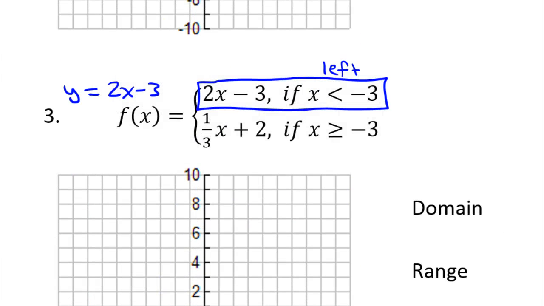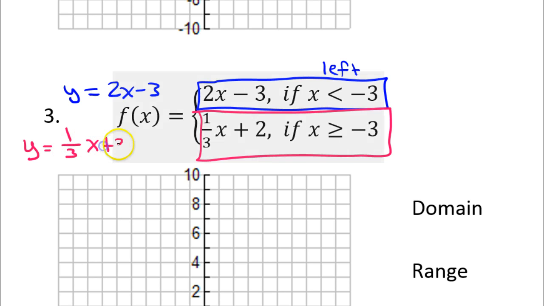Now let's look at the other piece, which I will do in pink. So again, when you look at this piece, you should be thinking y equals 1/3 x plus 2. So let's graph that. So we start at 2, because that's the y-intercept, and then I go up 1 over 3 from there.